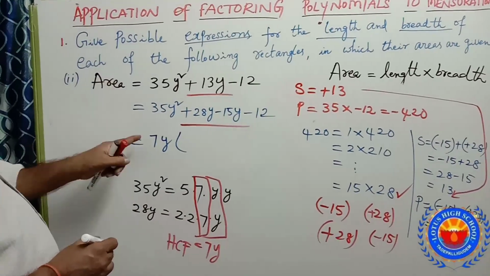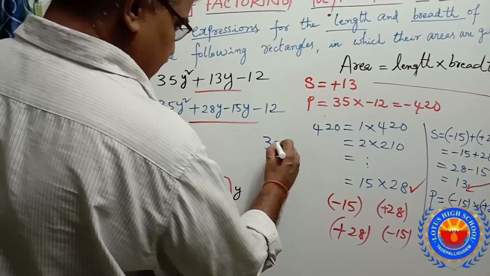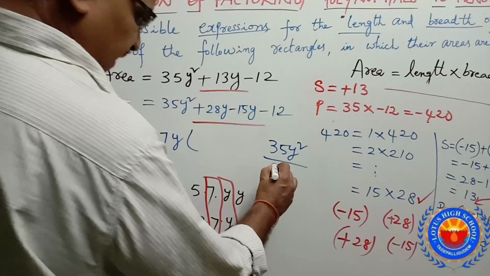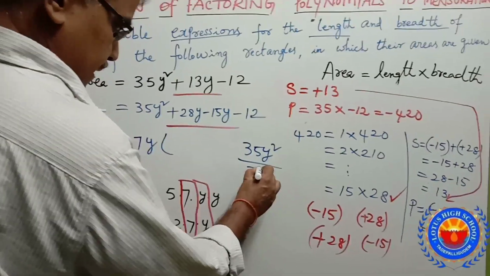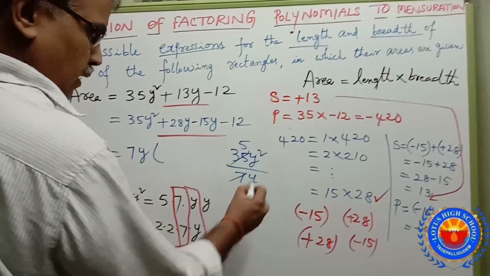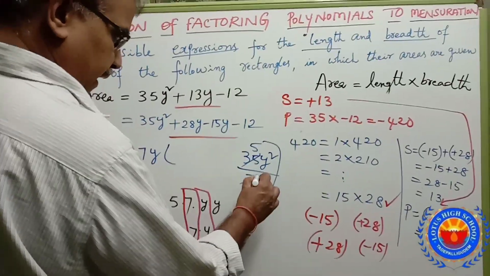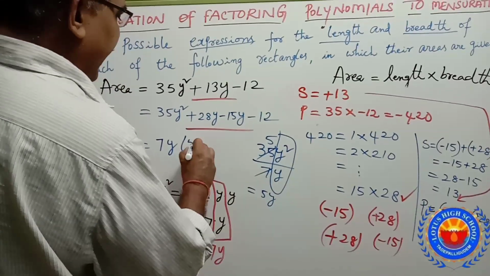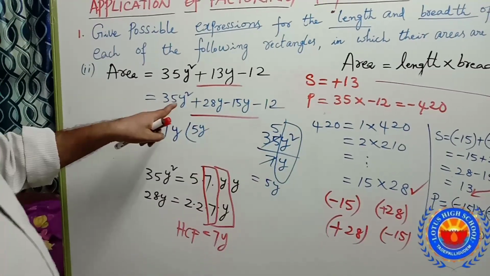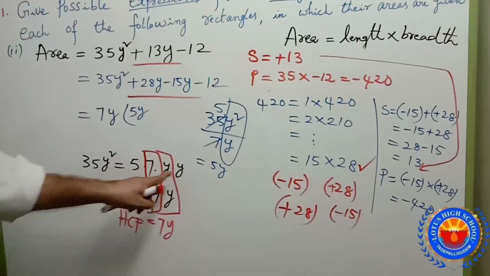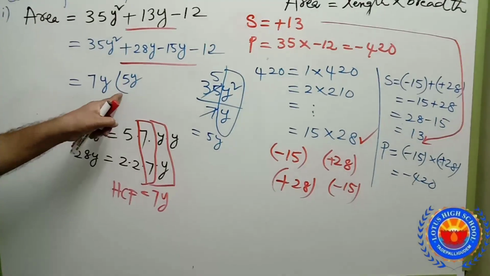The first step is 35y square by 7y. Normally 7 table 1 time, 7 table 5 times. y square by y is nothing but y. That's why 5y. Otherwise 35y square by 7y is 5y. This 5y you can write here.